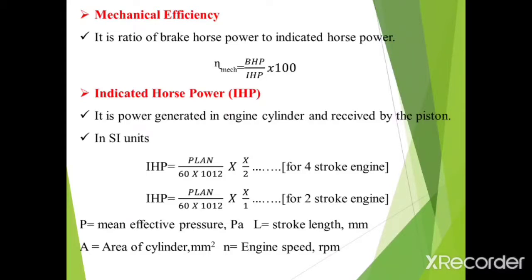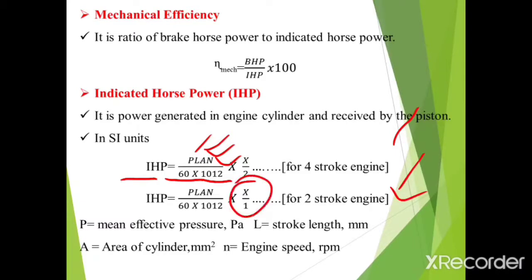Now the next term is indicated horsepower, IHP. It is the power generated in the engine cylinder and received by the piston, and it is represented in SI units. IHP is equal to P into L into A into N divided by 60 into 1012 into x by 2 for a 4-stroke engine, and for a 2-stroke engine x divided by 1.